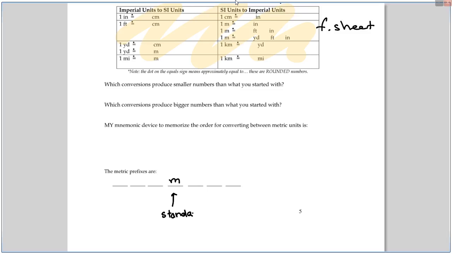If we were measuring something other than length, like mass, it would be the gram. If it was how much liquid a container can hold, it would be the liter. But for us, in 10C, we're only going to worry about length. In Science 10, they'll do the other ones. Meter. It's right smack dab in the middle.